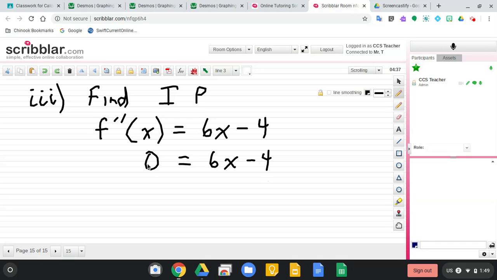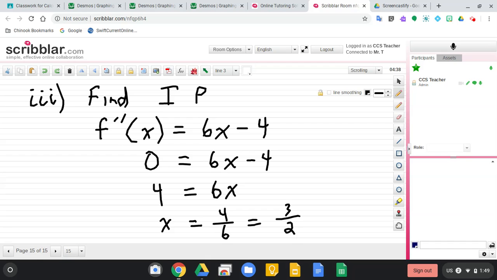Adding 4 to both sides, I get 4 equals 6x. Dividing both sides by 6, I get x equals 4 over 6, and that would reduce to 3 over 2.